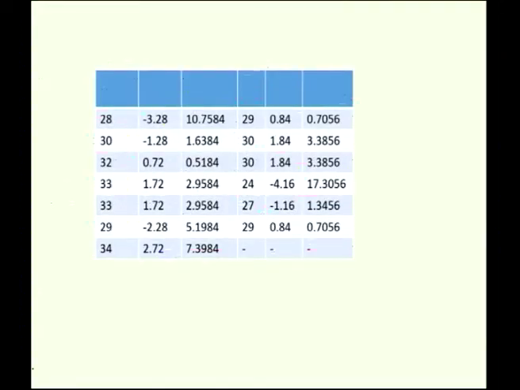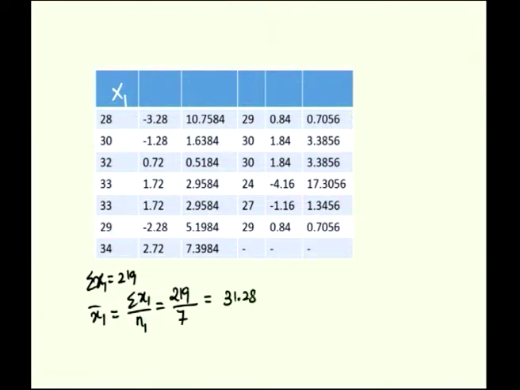Okay. So, these are x1 values. Summation x1 stands for adding these values, summation x1 is equal to 219. So, x1 bar is summation x1 by n1, and 219 by how many values are there? 7 values. So, 219 by 7, which is equal to 31.28.